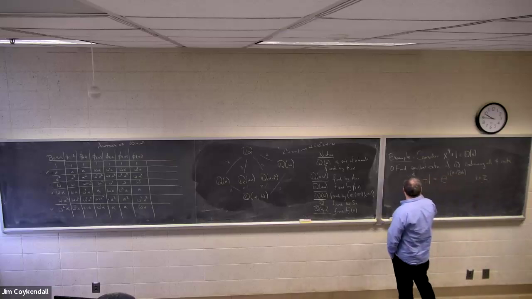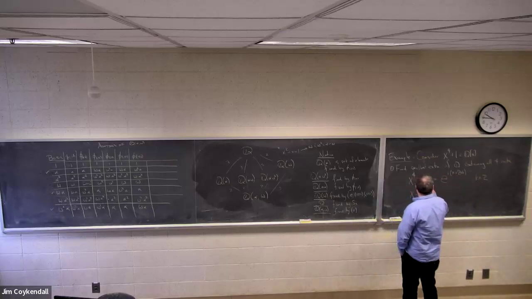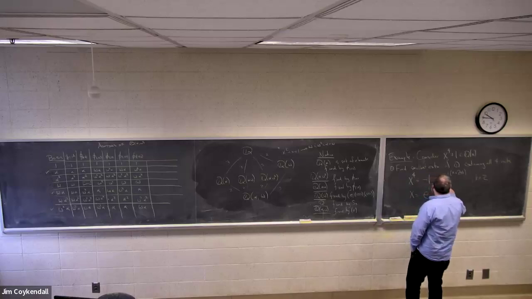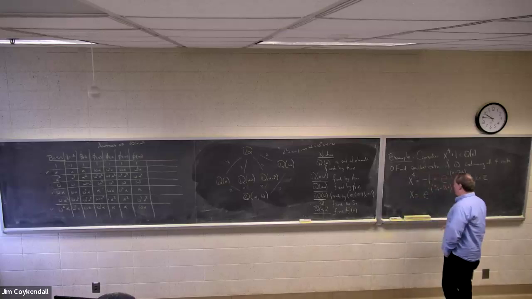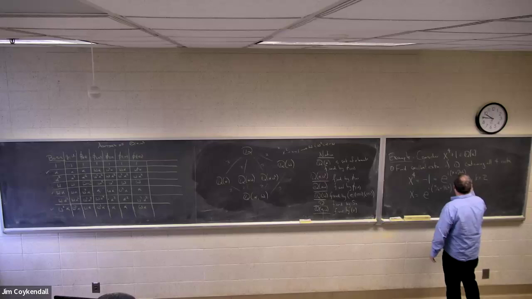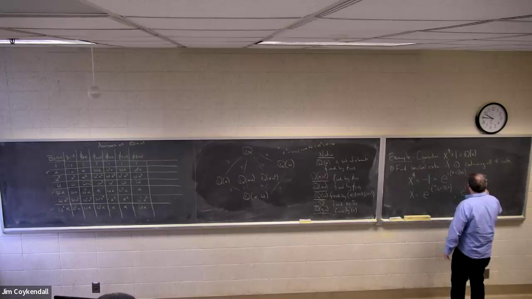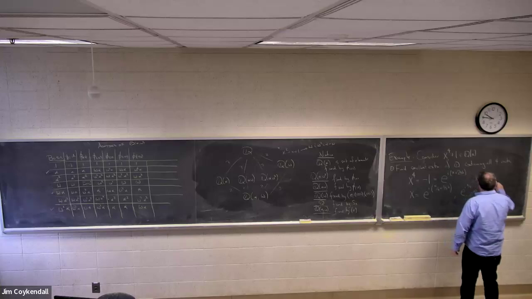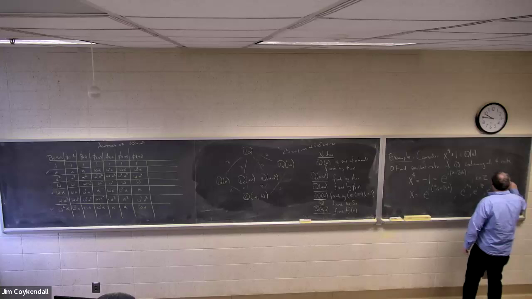So x is e to the i pi over 4 times 2k, and of course that's wildly repeating, so I get the roots e to the i pi over 4, e to the i 3 pi over 4, e to the i 5 pi over 4, e to the i 7 pi over 4.